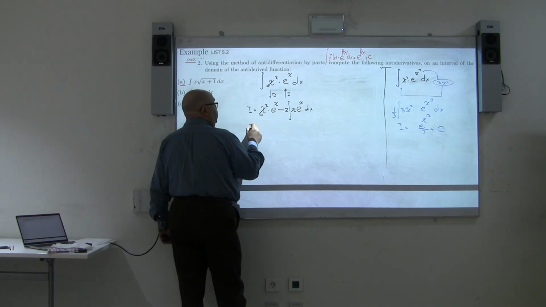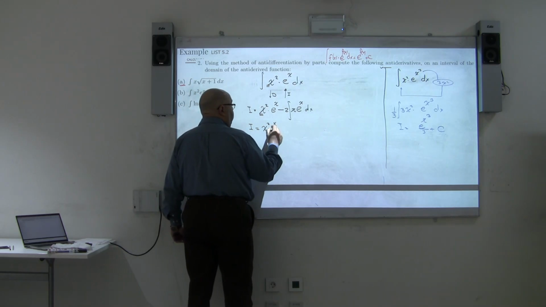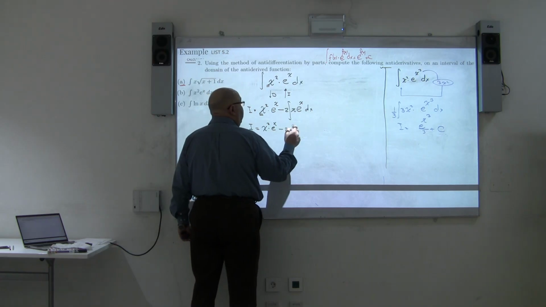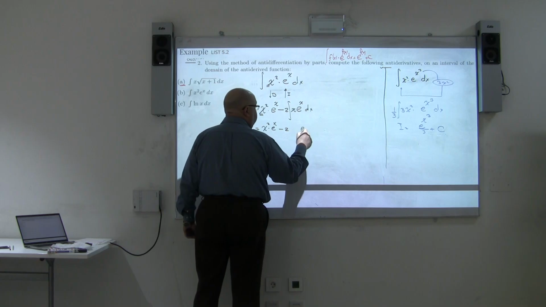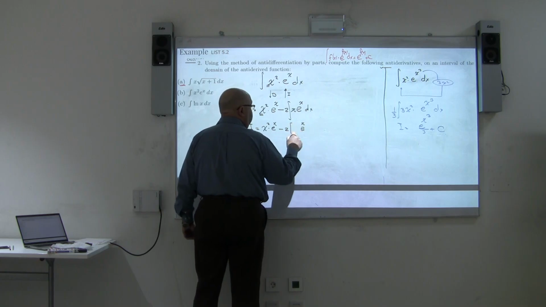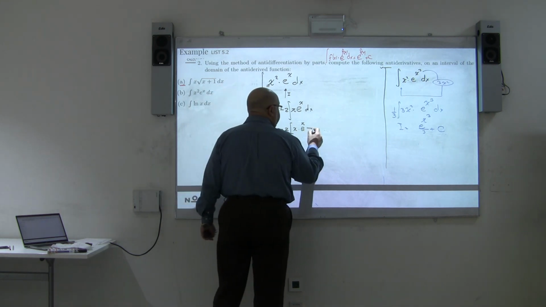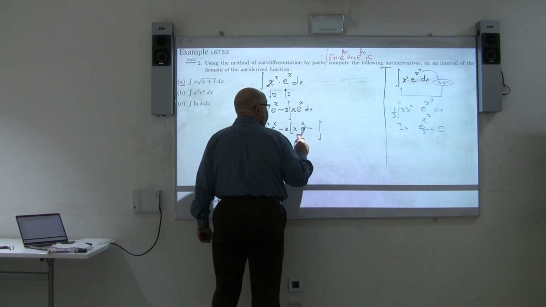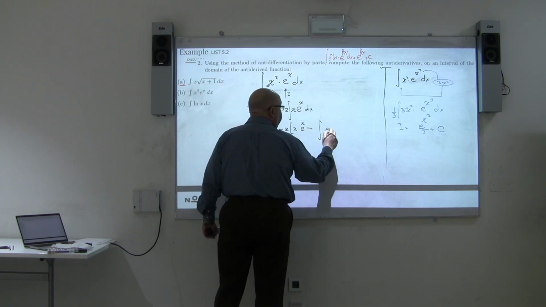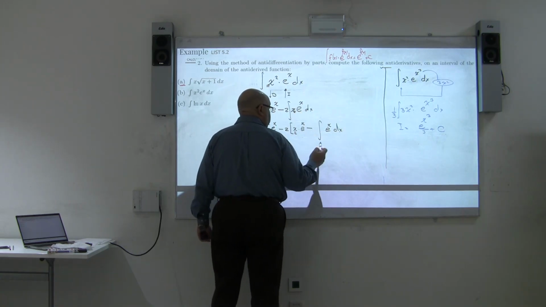I will repeat the integration, so I will have x squared times e to the power of x minus 2, and once more I will integrate. Integrating e to the power of x gives e to the power of x, times the second function, which is x, then minus the integration of the function that I already integrated, which is the exponential part, times the other function, x, which I will differentiate, which is equal to 1.